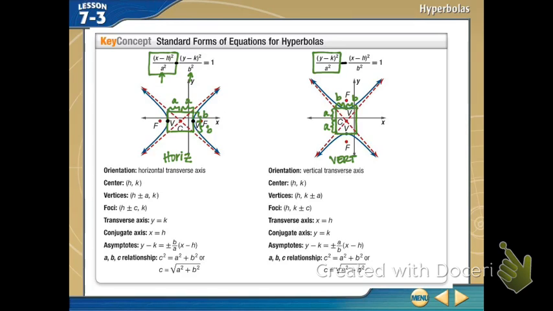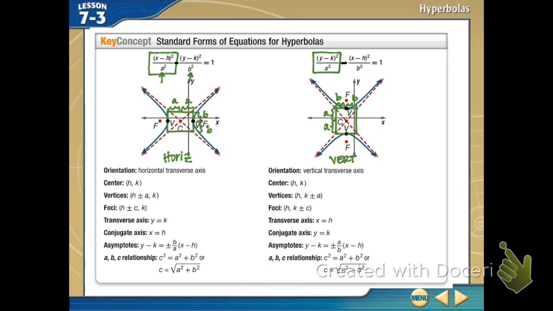The diagonals of the box become the asymptotes. The vertices are up and down instead of right and left on what we call the major axis. And then when we draw the hyperbola, we draw it from the vertex out, getting closer and closer to those asymptotes, those red dashed lines. Those are the asymptotes, and they're not part of the graph, they're just there to help us draw the shape of the branches of the hyperbola.